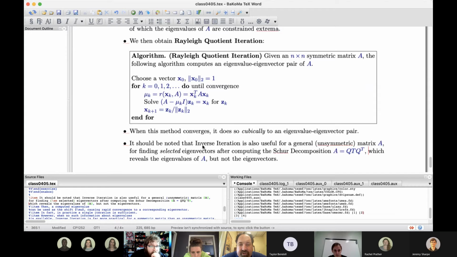All right. Inverse iteration, which I'm using here for symmetric matrices, can be used for a general square matrix, even if it's not symmetric. So in the unsymmetric case, if you compute a Schur decomposition, you get the eigenvalues. You don't have the eigenvectors yet.